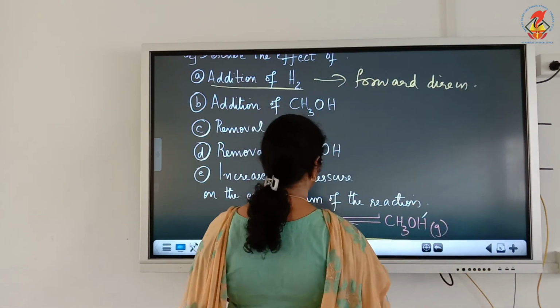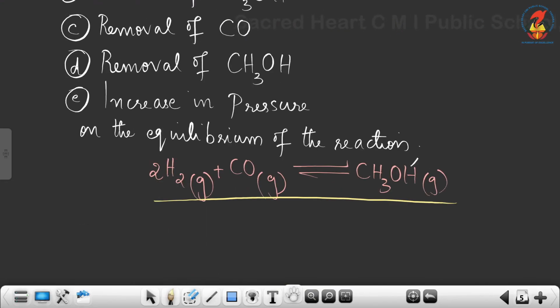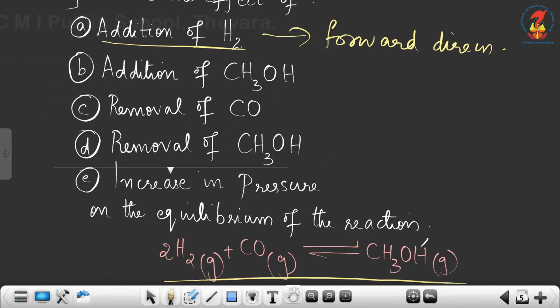Now next is addition of CH3OH, and you can see from the reaction CH3OH is the product. So I am increasing the concentration of product, which means the reaction takes place in the backward direction. So the answer for the second one is backward direction.